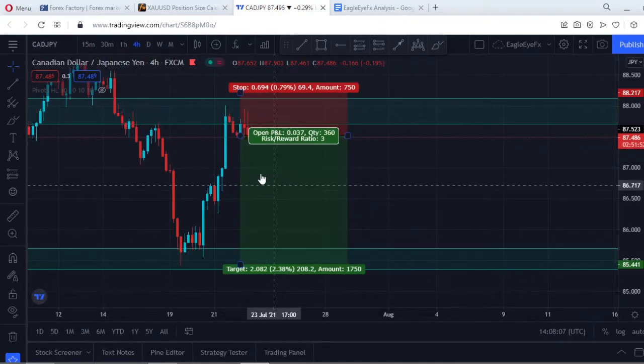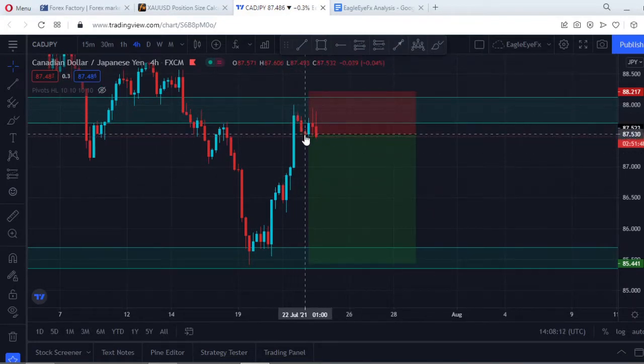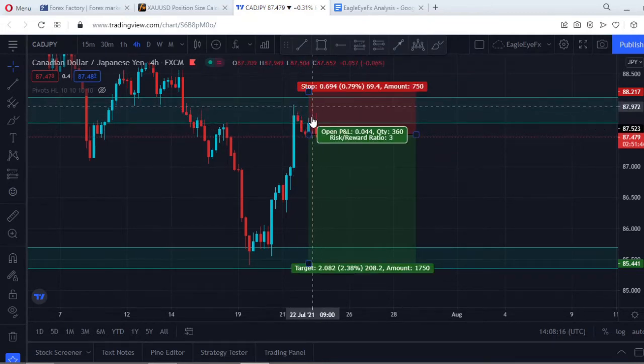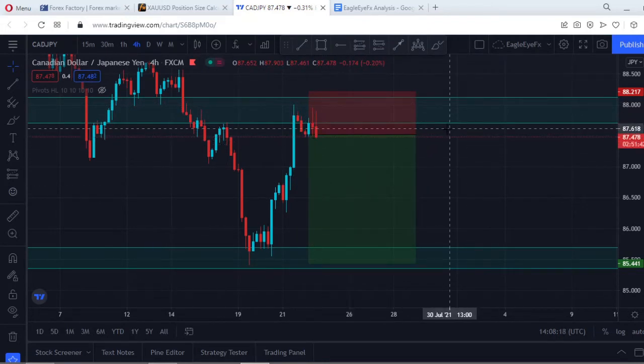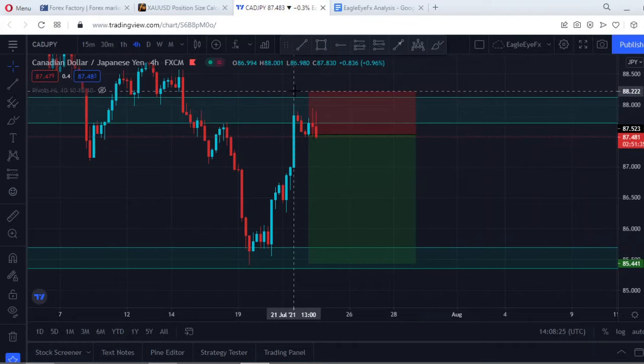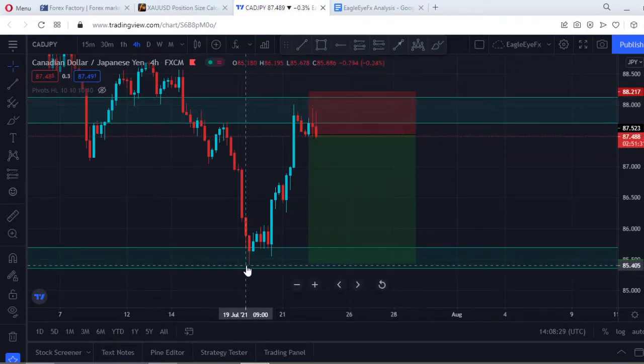You see that the market came all the way up, then there was a push down, and it looks like a retest. It has formed something like a double top, and that's the reason why we've taken this trade here. So we took a sell here, then we put our stop loss just above the zone, and we've targeted 3 times. So we are hoping that this market will come all the way here.